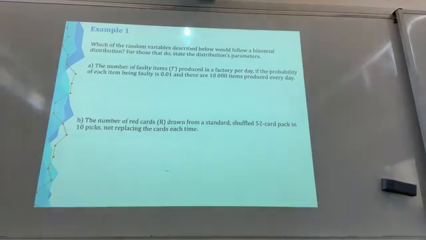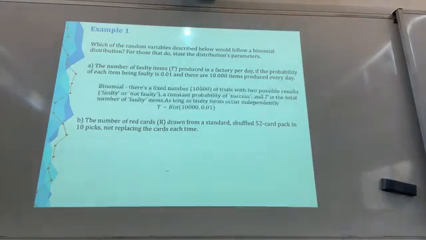That's one. What else do you need to think about? Independence. So if the machine produces a faulty item, it does not affect the production of the second item. Therefore, we can say that it's binomial.